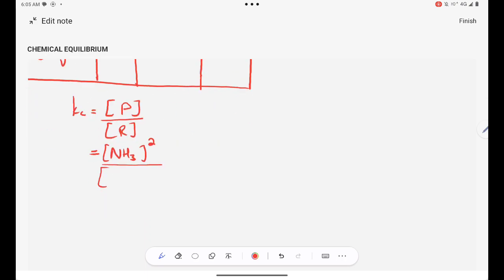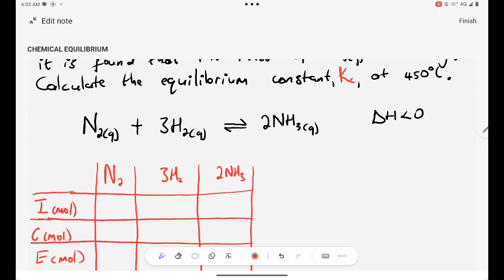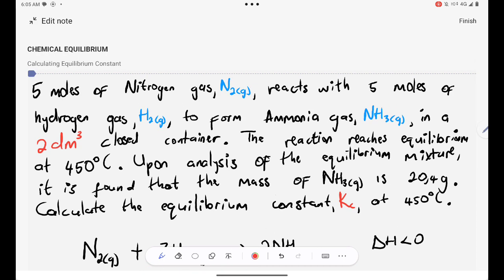Then for our reactants, we have nitrogen and hydrogen. Our hydrogen has a coefficient of 3, that's why the exponent will become 3. So if I can find the concentration of my reactants and products at equilibrium, that means I can find the equilibrium constant.